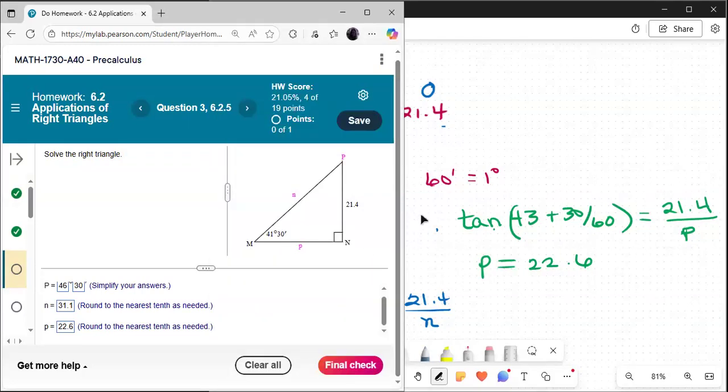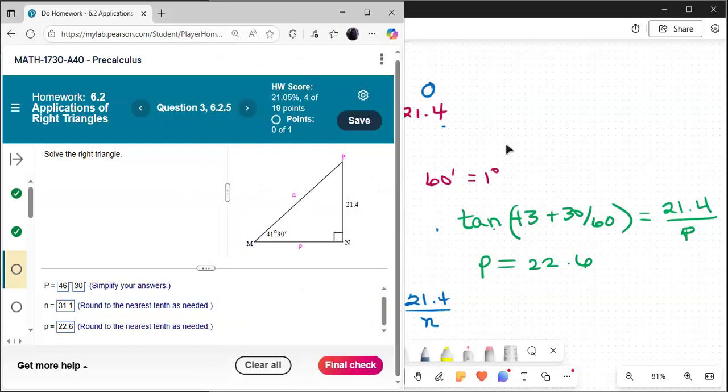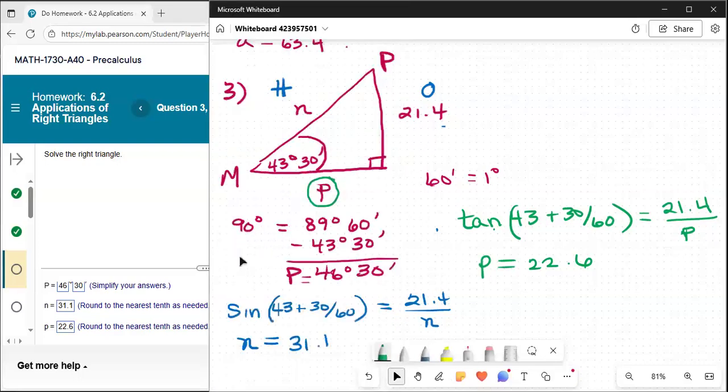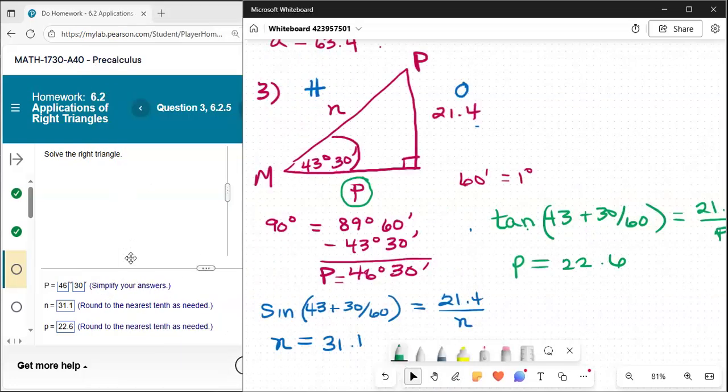We have 41 degrees, 30 minutes. Oh, is that what I did wrong? Oh yeah, I typed that in wrong. But okay, so instead of doing it all over, I'll let you do your problem with your own numbers, knowing this is the process. But we did this correctly, if we were using 43 degrees, 30 minutes.